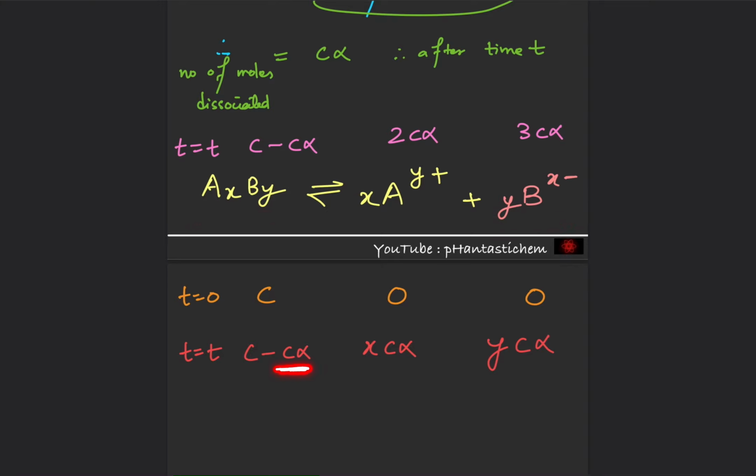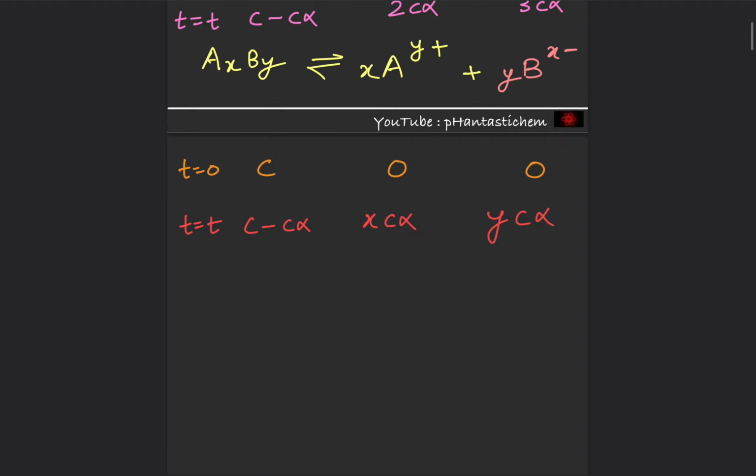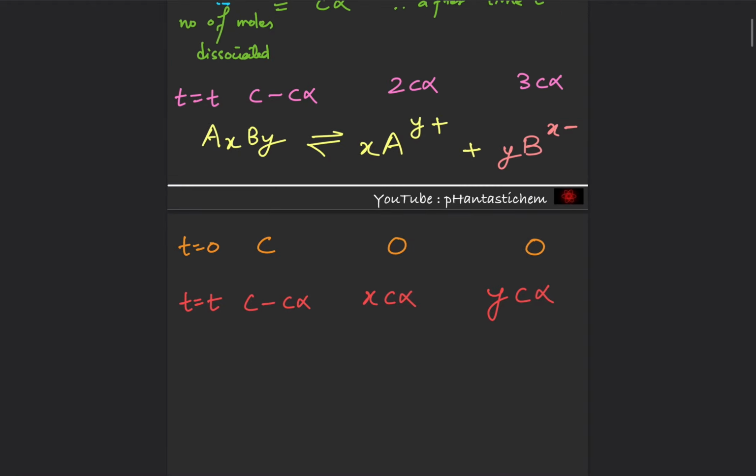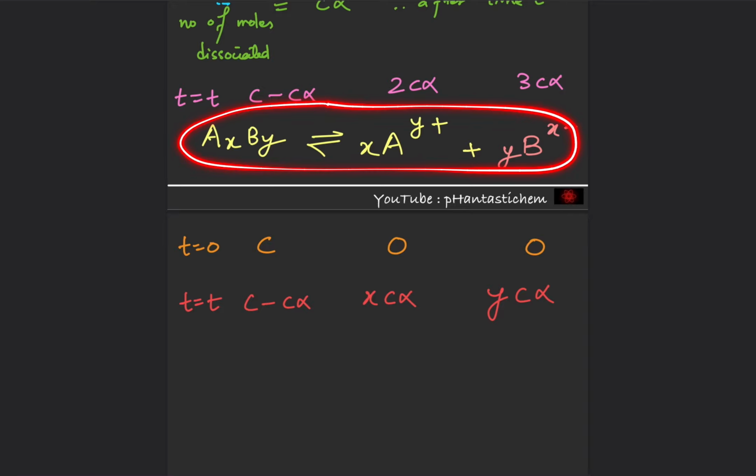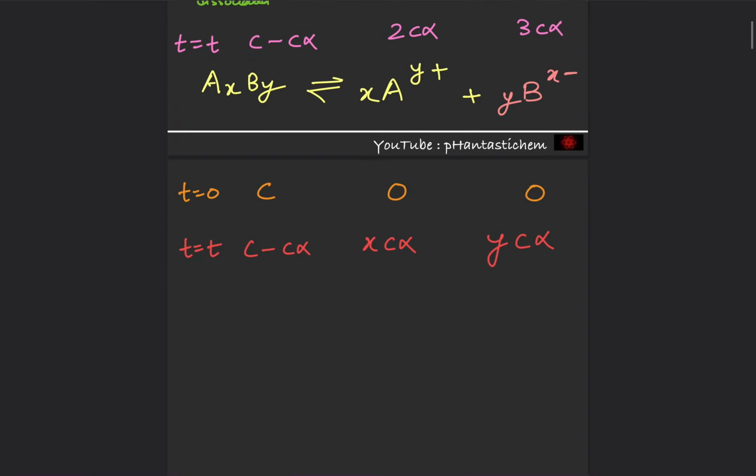So therefore C alpha moles will give me x into C alpha moles of Ay+, and C alpha of AxBy will dissociate to give me y into C alpha moles of Bx-. Okay. Now, the equilibrium constant, that is the dissociation constant of this reaction, is given to us as K.